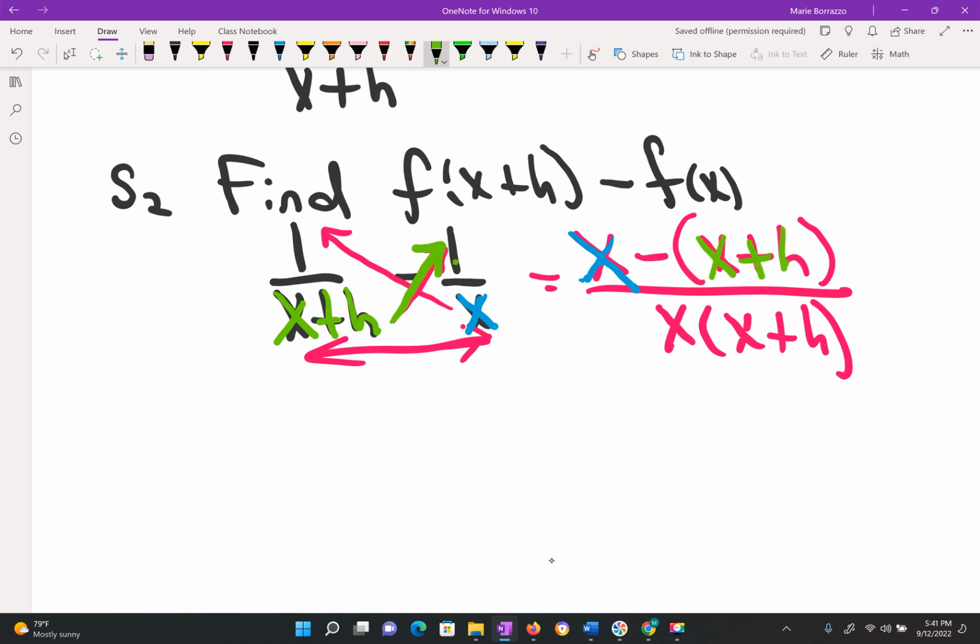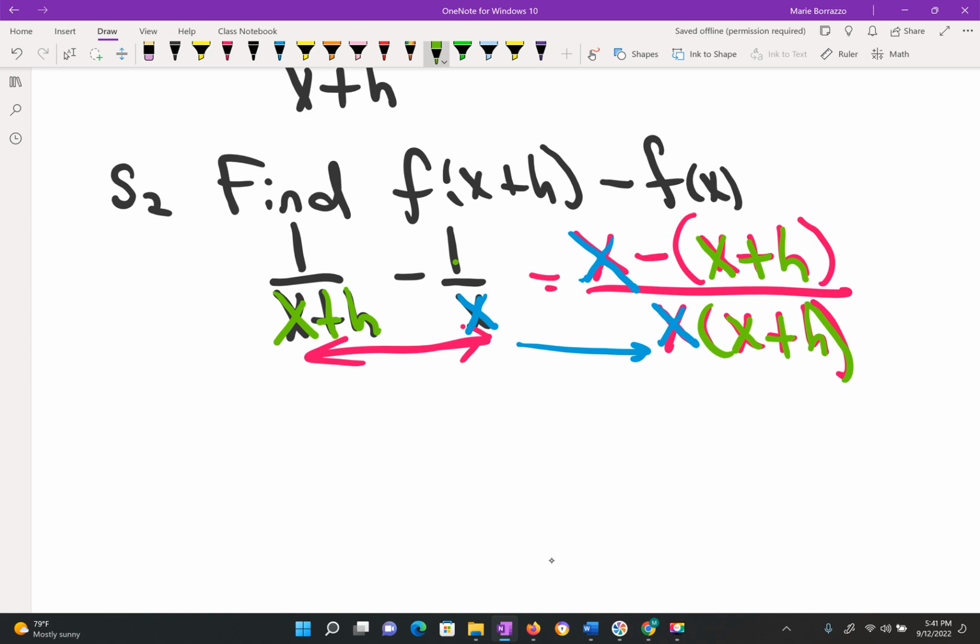Here's x plus h. You keep the negative outside because that's eventually going to get distributed, right? Now the bottom, that's just multiplication. This is the x that you see here. This x right there, times parentheses x plus h. Now you've gotten a common denominator and you can actually work out the problem.